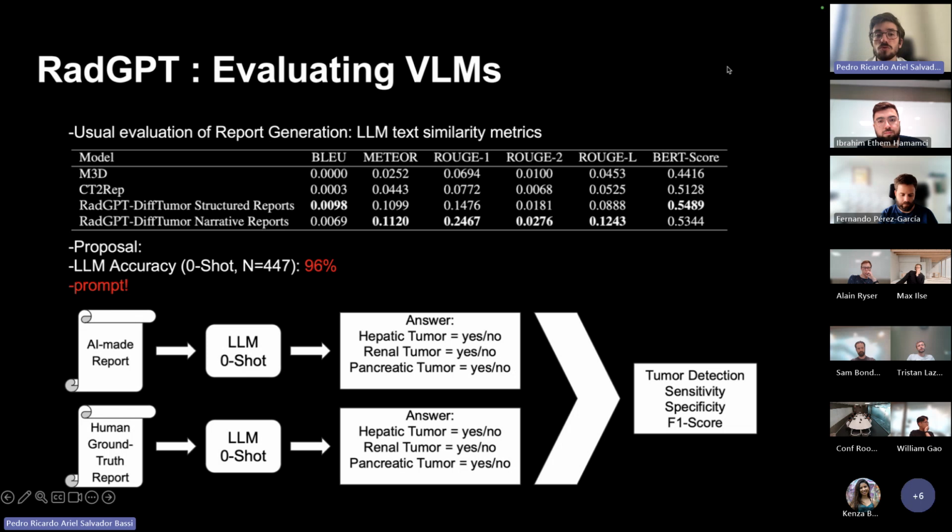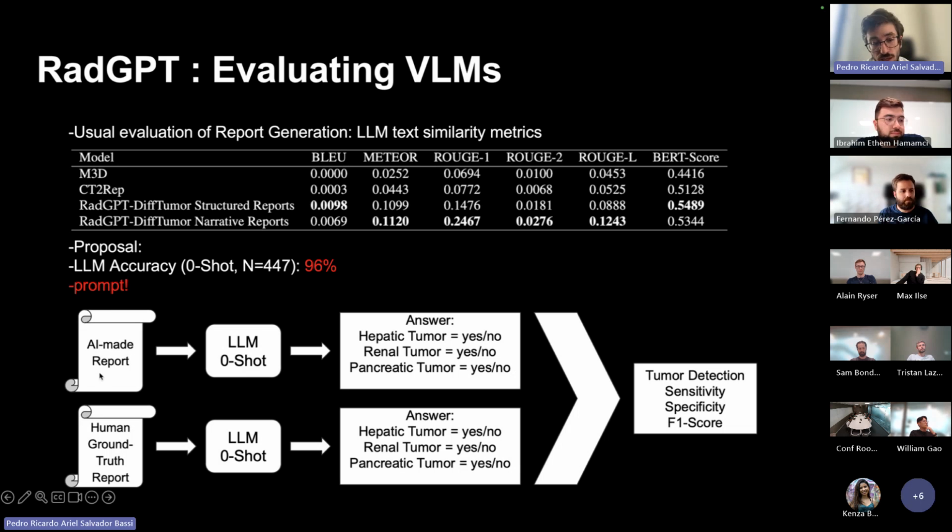So we should not see a difference so strong between these metrics. So what we propose is a simple but trustable way to evaluate these reports. We evaluate basically the capacity of the visual language models to find the tumors. And we use what the community has used for many years, that is sensitivity, specificity, and F1 score for tumor detection. But how do we do this with reports?